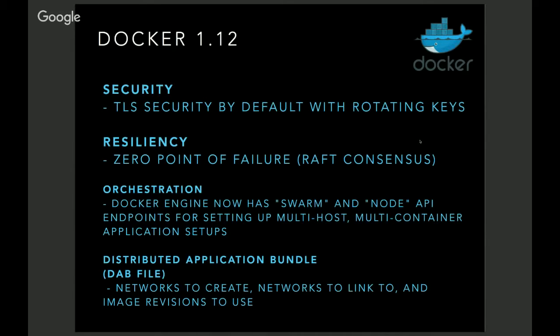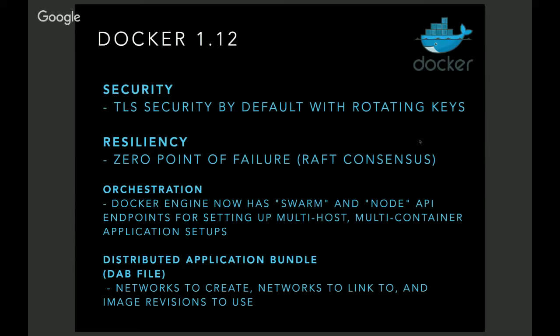Lastly, we're going to talk really quickly about some of the features in 1.12, which they talked about four things. We saw this at DockerCon this year, and you can look it up online for more detail. There was a big push for security, pretty much security by default.